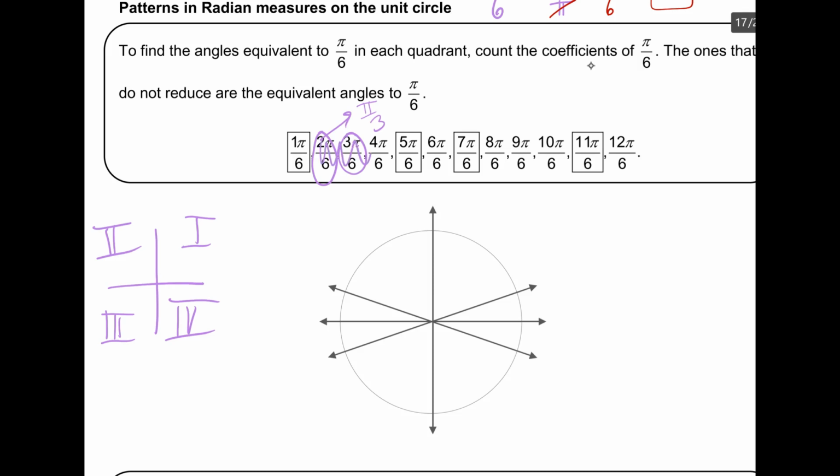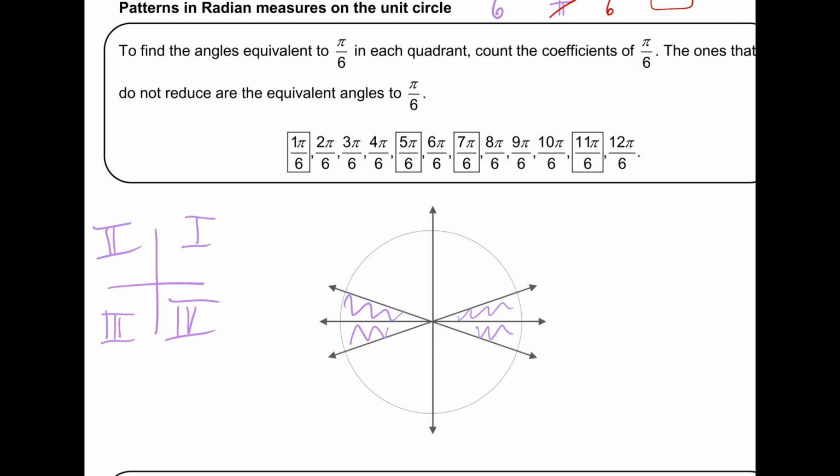So all of the ones that did not get boxed, you can actually reduce. There's really only 4 fractions. I cut my pizza into 6 pieces to get to pi, and 6 more to get back to 2 pi, but there's really only 4 of them that will have the same equivalent angle measure as pi over 6.